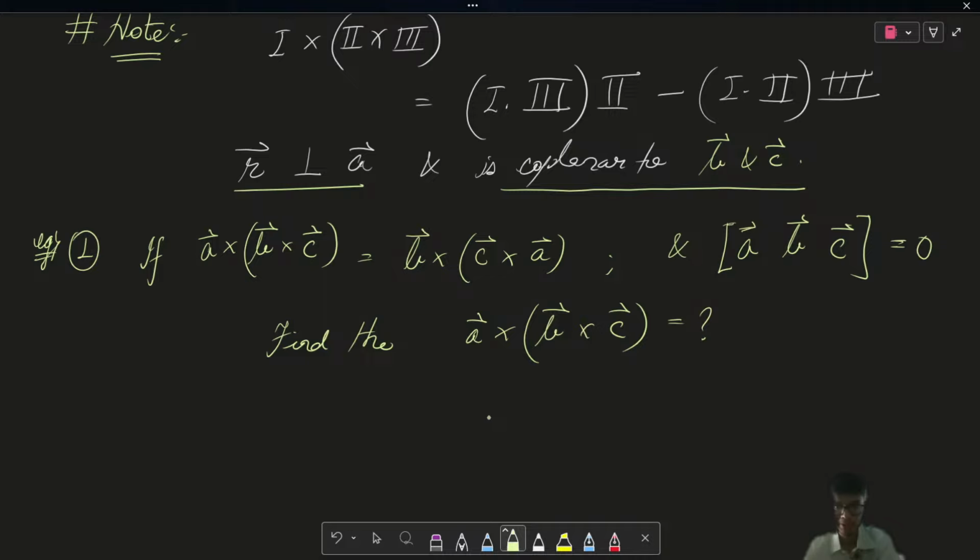To find this particular relation, please try to solve this problem. This is a very interesting problem and a bit tricky. I won't say that tricky, but it is basic conceptual understanding that you need in order to solve any type of problem. Please try to solve this problem and let me know if you get any answers.